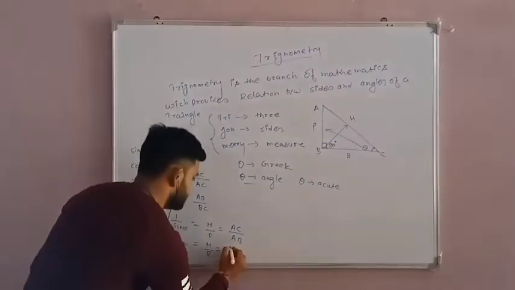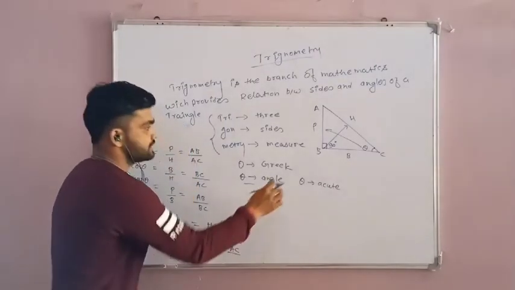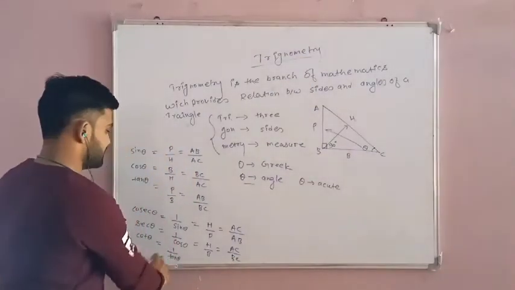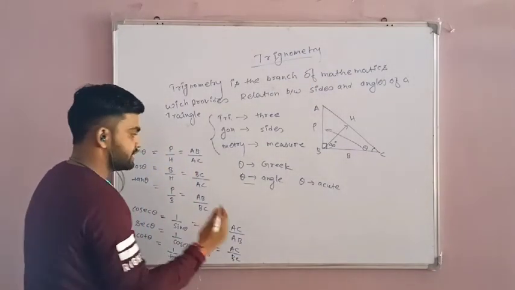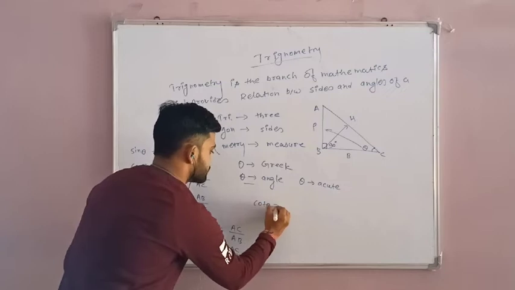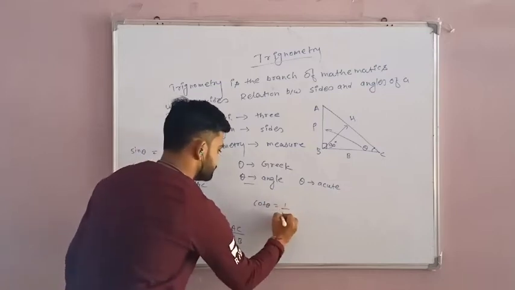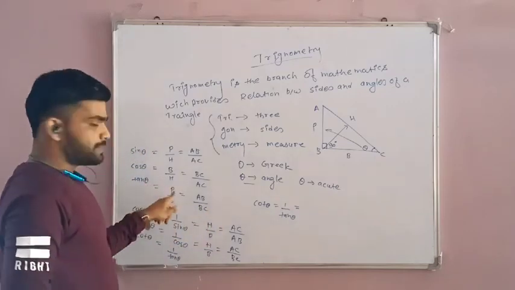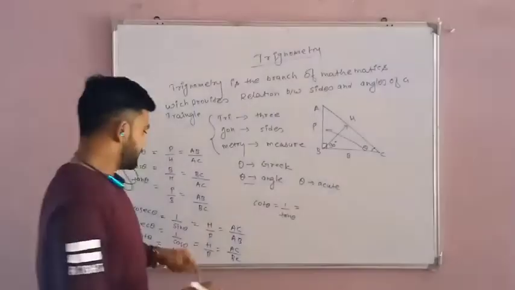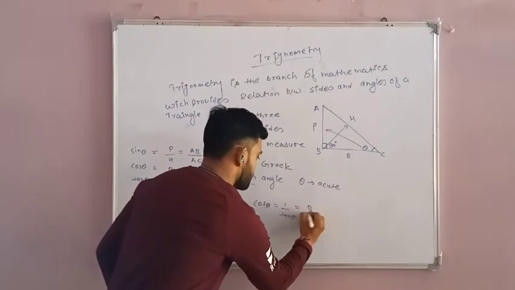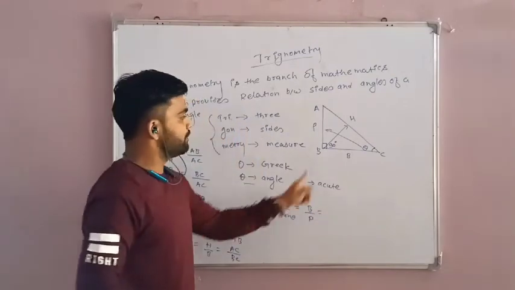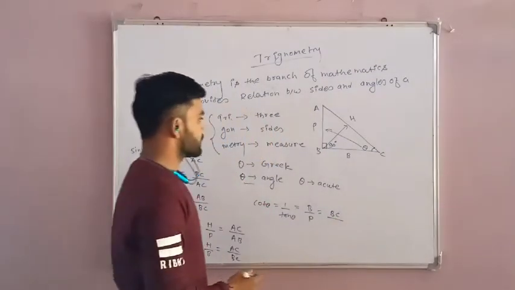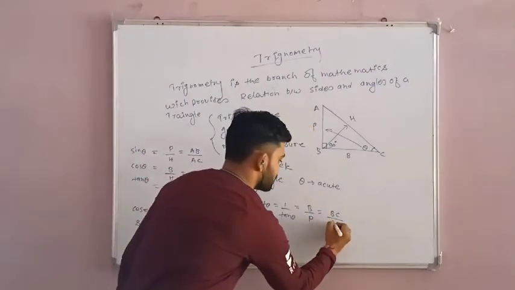And what is the base? BC. Cot theta is 1 upon tan theta. Tan theta is perpendicular upon base. Similarly, cot theta is the reciprocal, base upon perpendicular. Base is BC and perpendicular is AB.